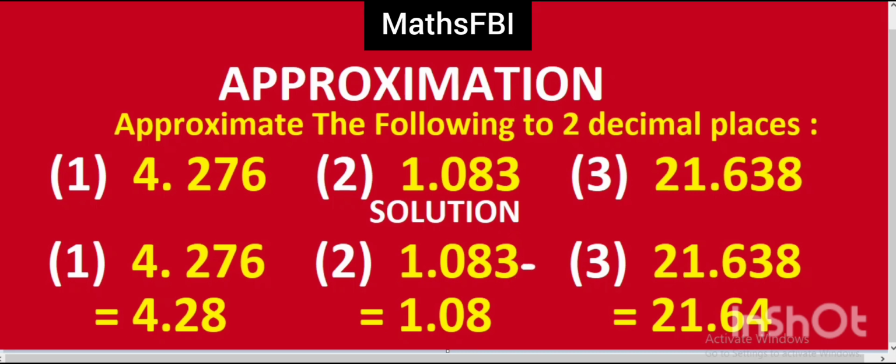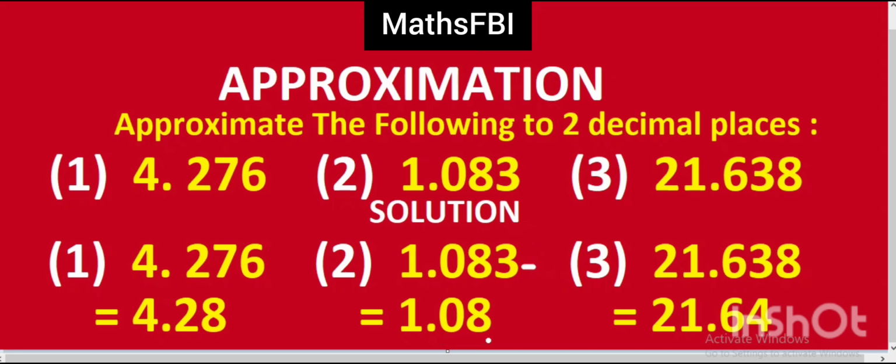Because it is less than 5, we round it down to 0. And then we add it to 8. Okay, that is why here we got 0 plus 8 is 8. And so our answer is 1.08. Okay.